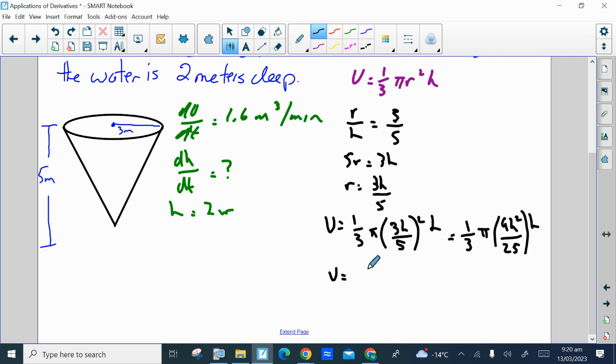So that'll be 9 pi h cubed over 3 times 5, which is 75.